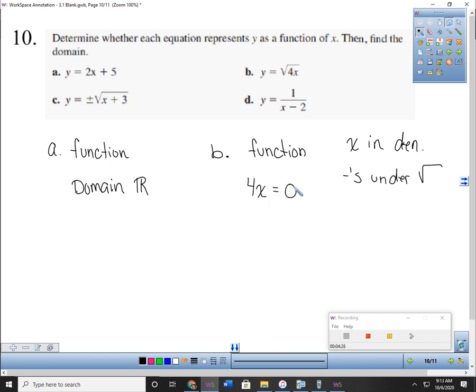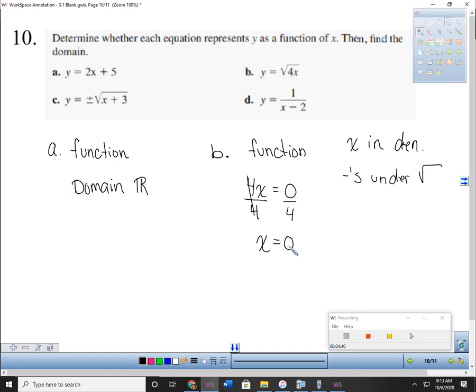This is you saying, okay, what number would x have to be for this to equal 0? Well, divide by the 4 and you get 0, right? So if I plug a 0 in here, that would give me 0, and that's the smallest number I can have. But you have to think about what numbers you could not plug in there.